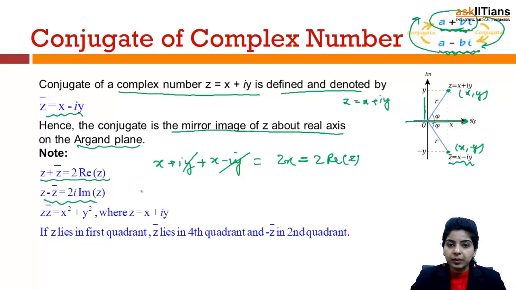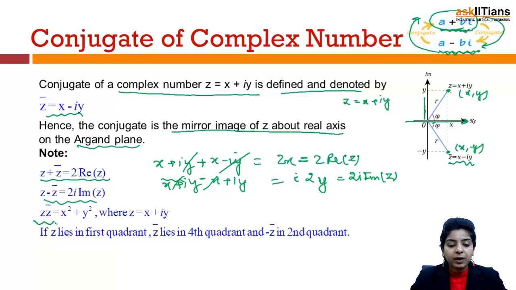Similarly, z minus z bar is 2 times iota imaginary z. Similarly, if we have this minus x, this will become plus iy. So this is x plus iy. This will get cancelled. So we will get twice iy, that is 2 times iota imaginary z. These properties are quite simple.